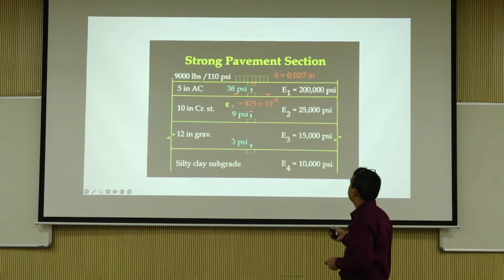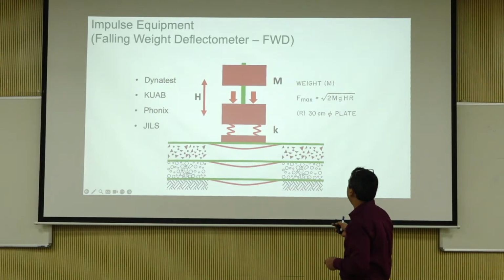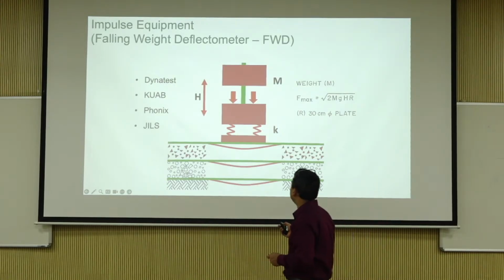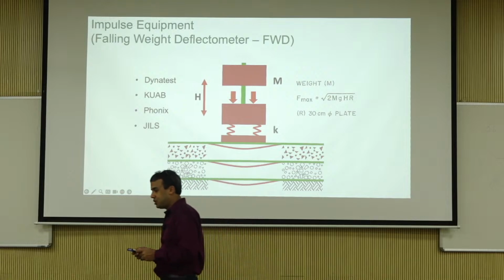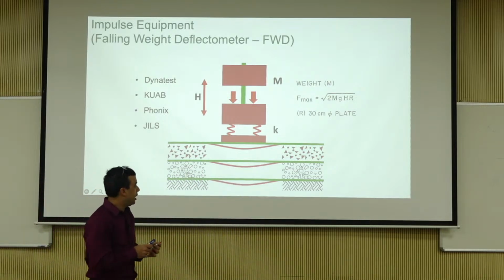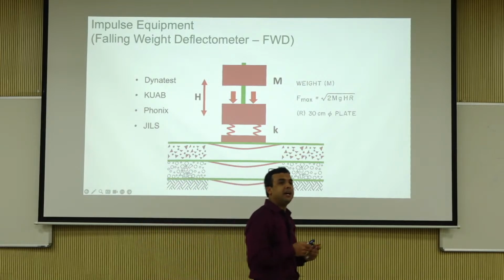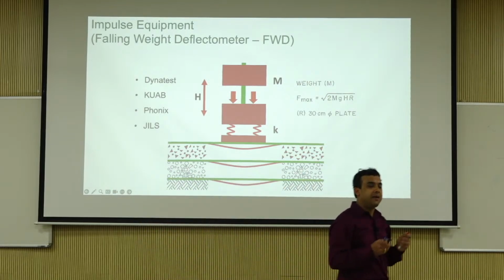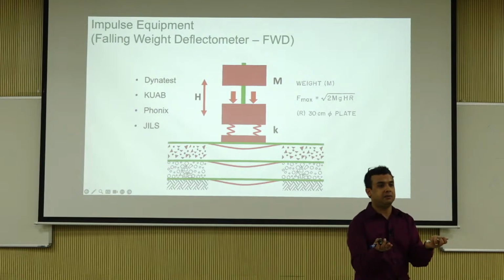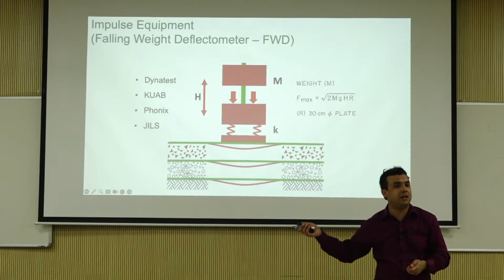Strong pavements versus weak, these are just some values. I'm going to skip this. A lot of research has gone into FWD testing for many decades, into how to apply the load, because remember, if you have a steel plate and you drop a weight on top of it, you are again doing something similar to what CBR does.